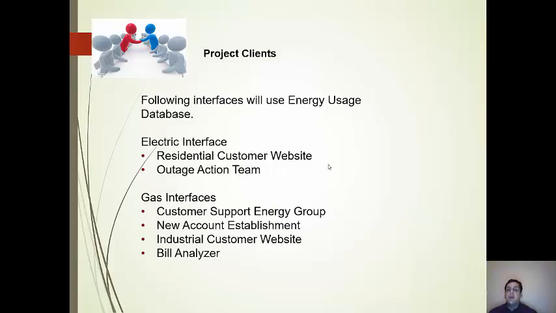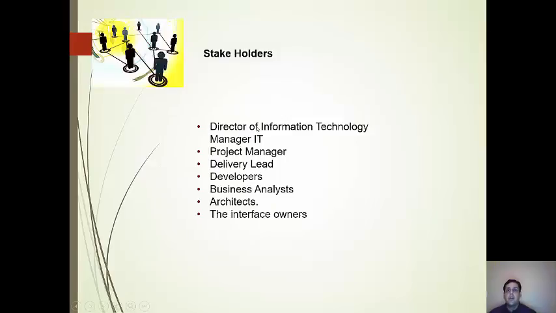So basically our clients are divided into two types of interfaces: electric interface and gas interface. Electric interface comprises of residential customer website, outage action team, and gas interface comprises of customer support energy group, new account establishment website, industrial customer website, and bill analyzer.